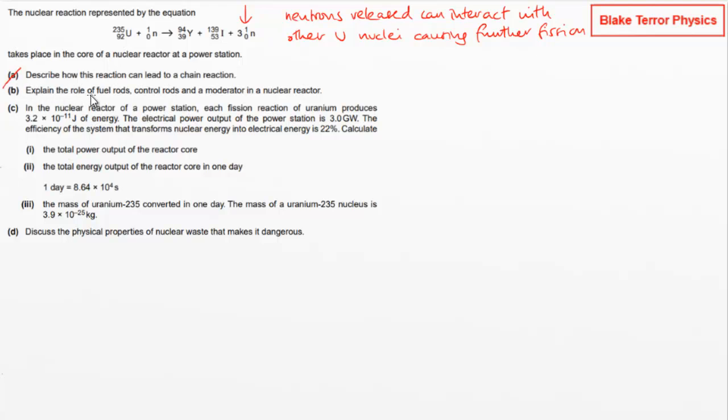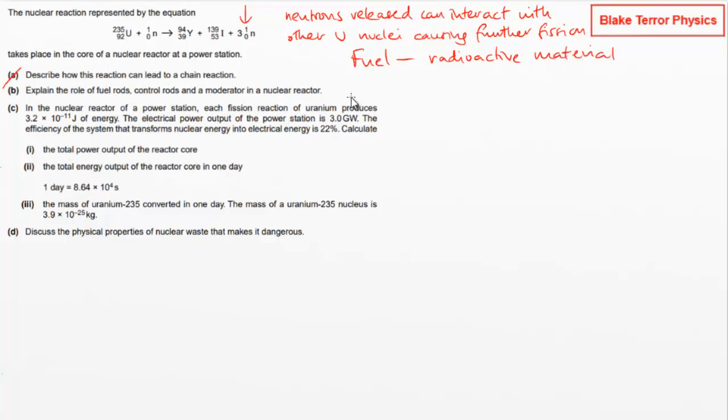Explain the role of fuel rods, control rods, and a moderator. Okay, so fuel rods, that's where the fuel is. That's where the radioactive material is, so in this case, where the uranium is.